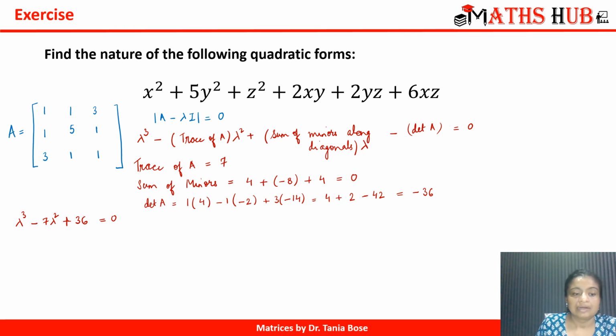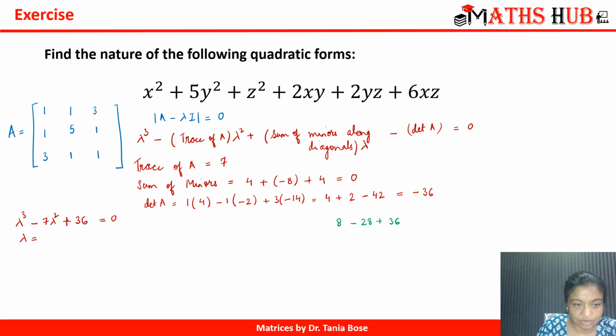Clear? Right. So now let us try to solve this equation and see what is one possible root of this equation. So please solve it and let me know what are the possible values of lambda. Will lambda equal to 1 satisfy this equation? You can see it is not getting satisfied. Let us put lambda equal to 2. So if I put lambda equal to 2, I'll get 2 cube is 8 minus 2 square is 4, 7 into 4 is 28 plus 36.